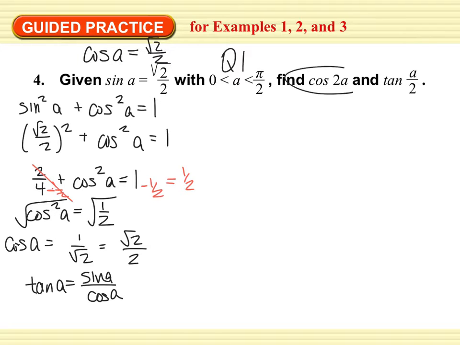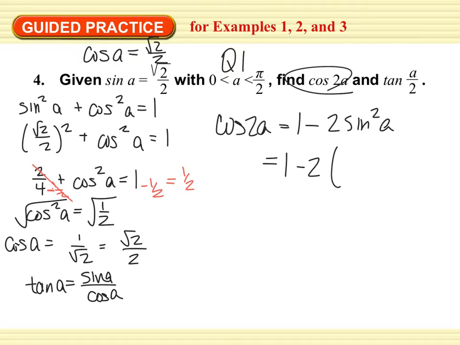All right, so let's find cosine 2A. I need to go back to my list of formulas. Cosine 2A, you can use lots of different ones. Let's use 1 minus 2 sine squared A. 1 minus 2 times square root 2 over 2 squared.